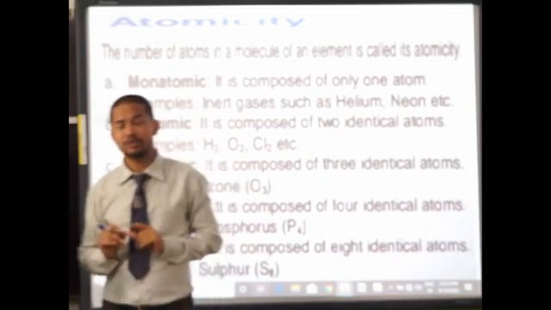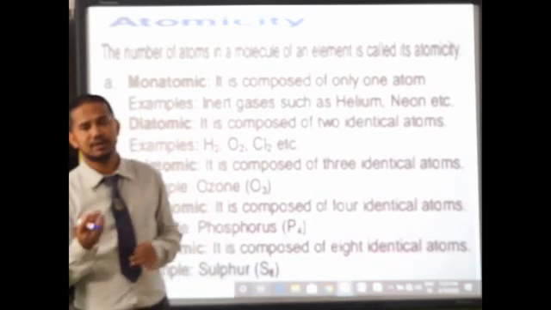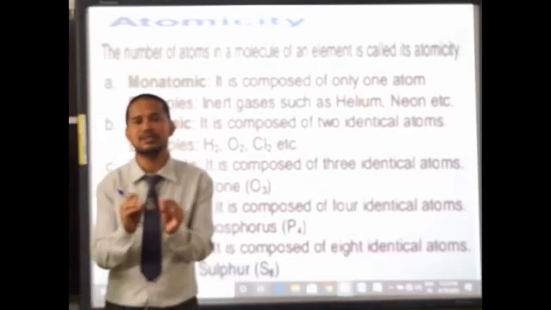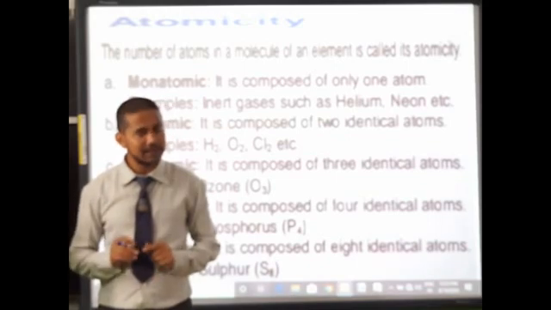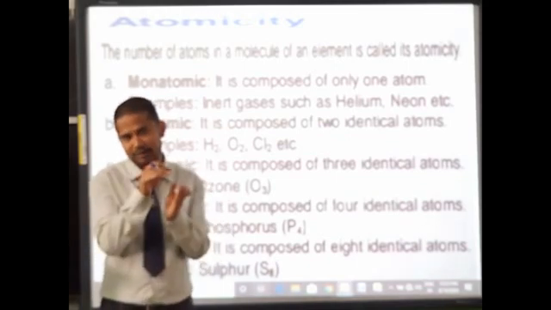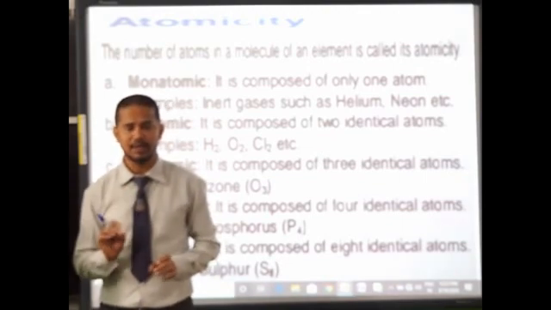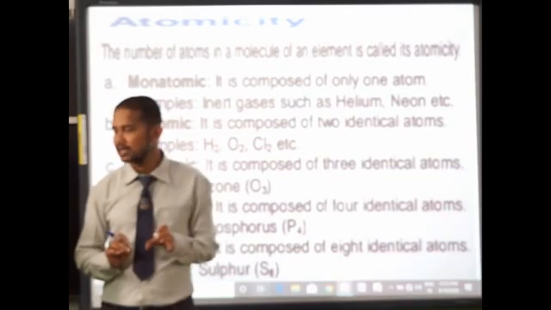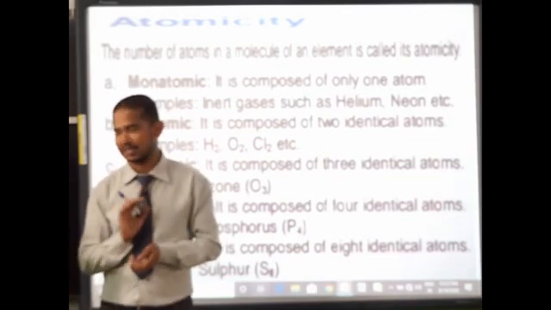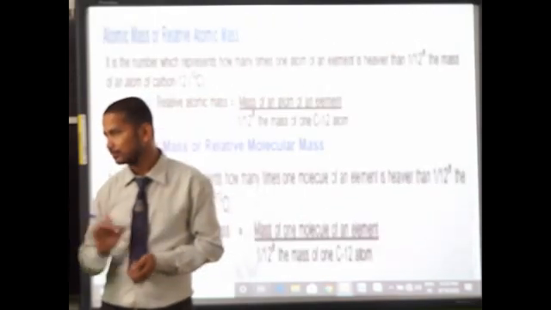Then triatomic, the only one we know so far is ozone, O3. Then tetratomic, having 4 atoms in the molecule, is phosphorus, P4. Then octatomic, sulfur, S8, composed of 8 identical atoms.